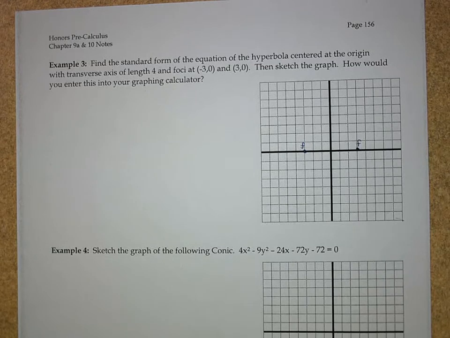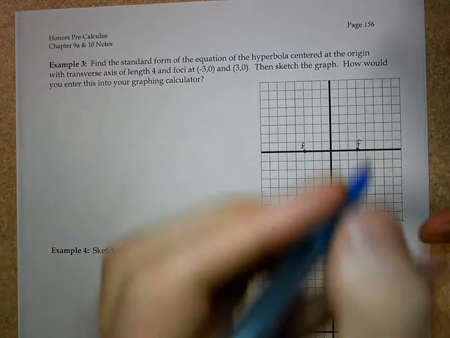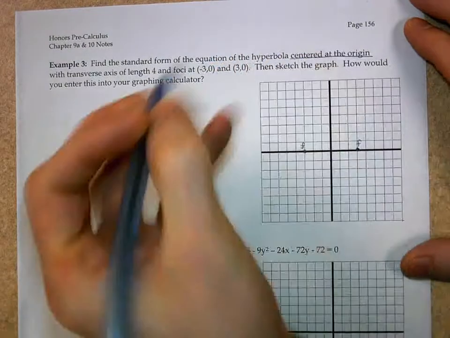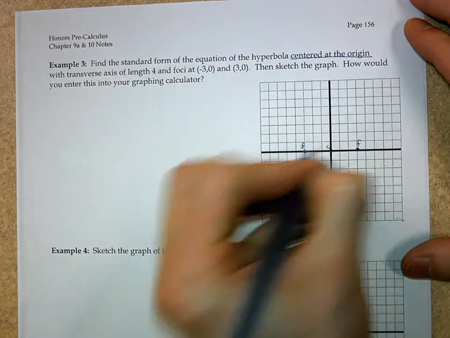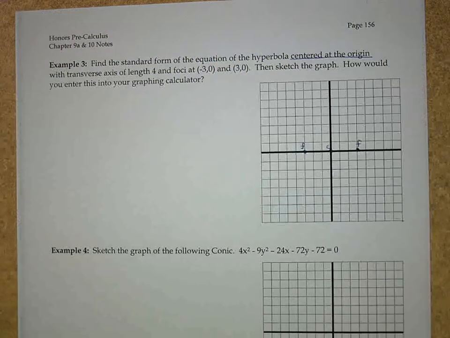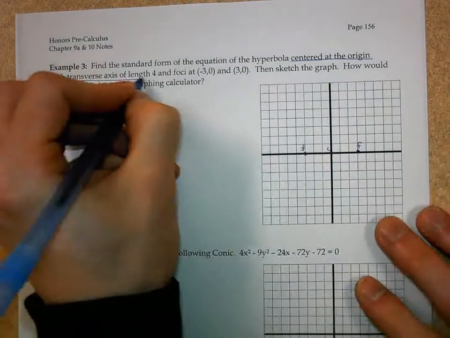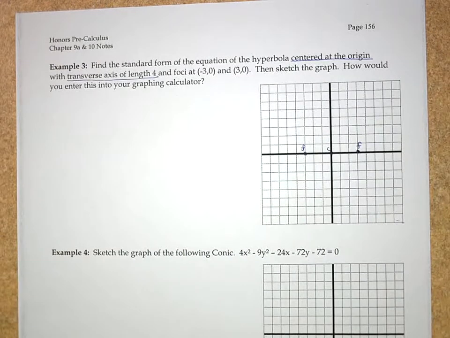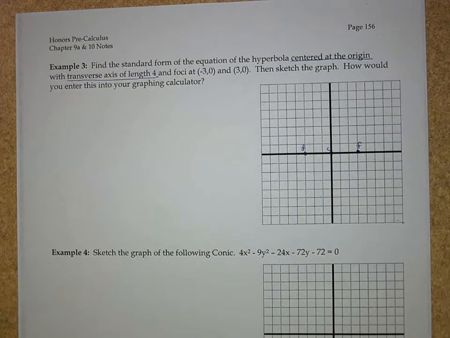The next piece we know is that the hyperbola is going to be centered at the origin. So I know right there is going to be my center. And then I'm given a transverse axis of length 4. The transverse axis of length 4 tells me from vertex to vertex of the hyperbola is going to be 4 units apart, which means that on one side of the center I'm going to have 2 units and the other side is going to be 2 units.